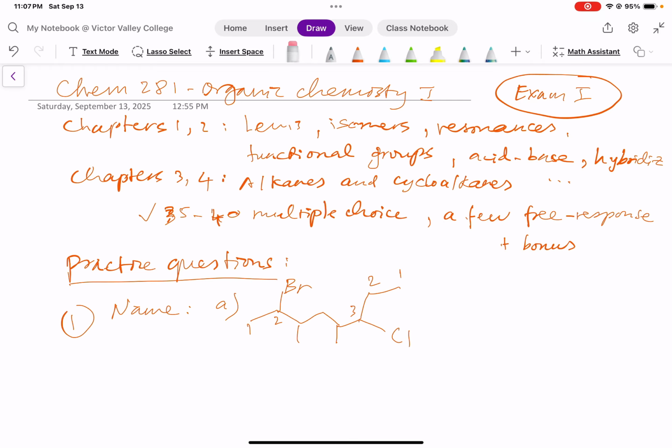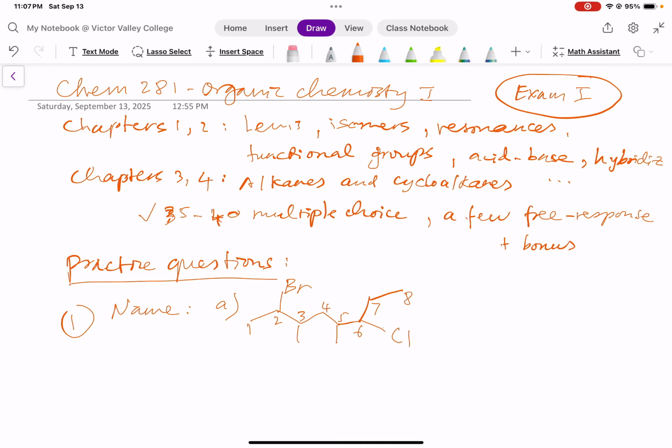Okay, so the right side is not good. Now 3, 4, 5, 6, 7 and 8. Okay, so that's the longest one.